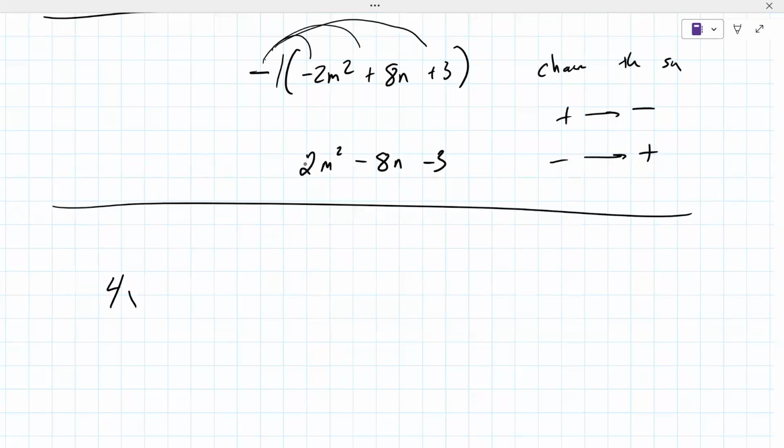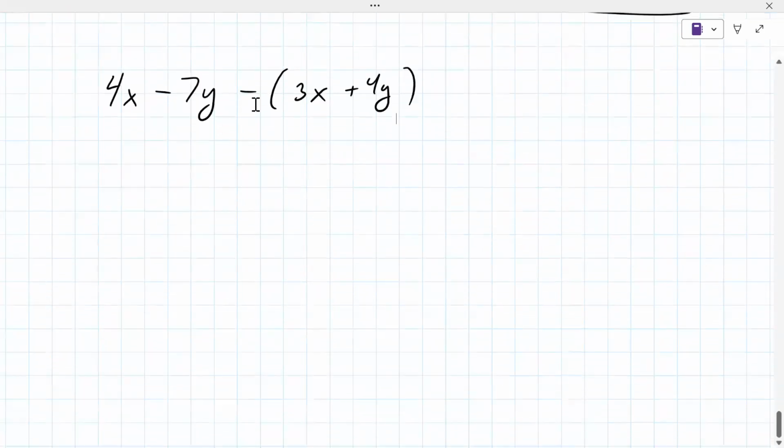Okay, so let's put it all together here. Let's say I ask you to do 4x minus 7y minus 3x plus 4y. I want you to distribute that negative inside to both and then combine like terms.